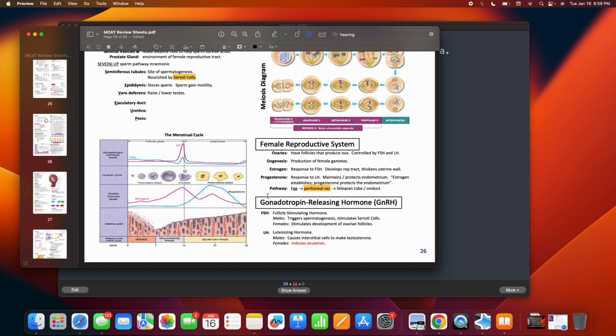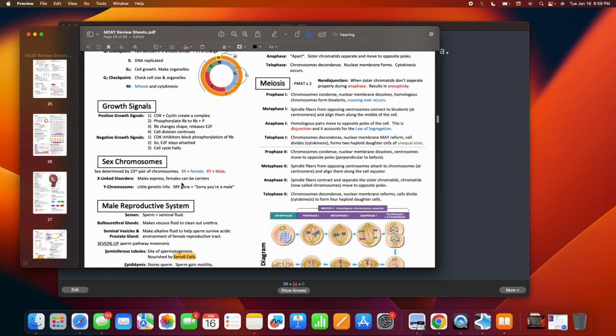It develops the reproductive tract. And what is the follicle? A follicle is a bunch of those. The main one releases the egg inside it.